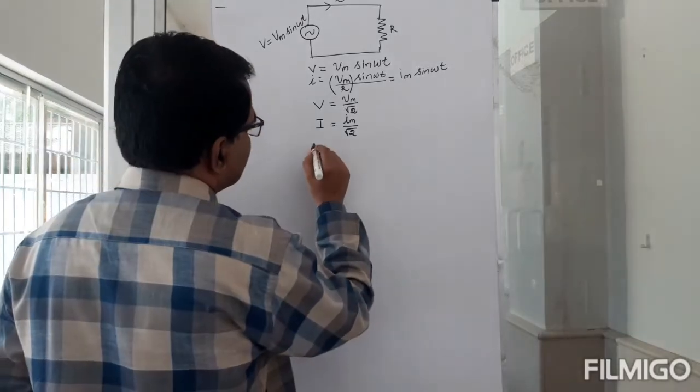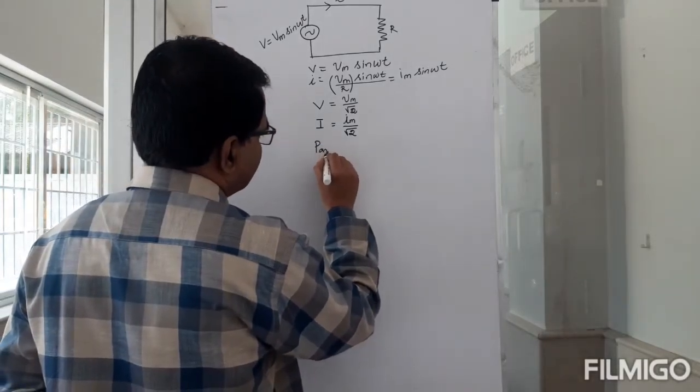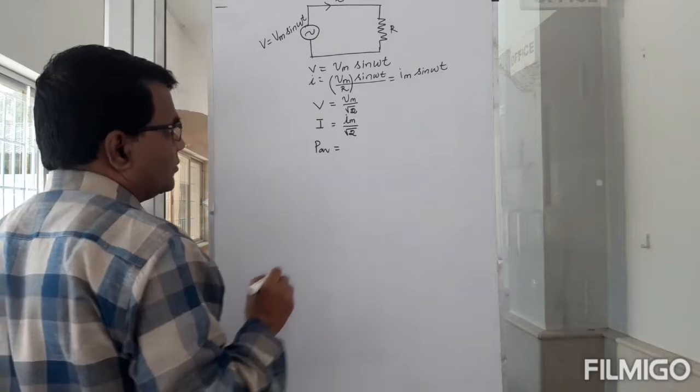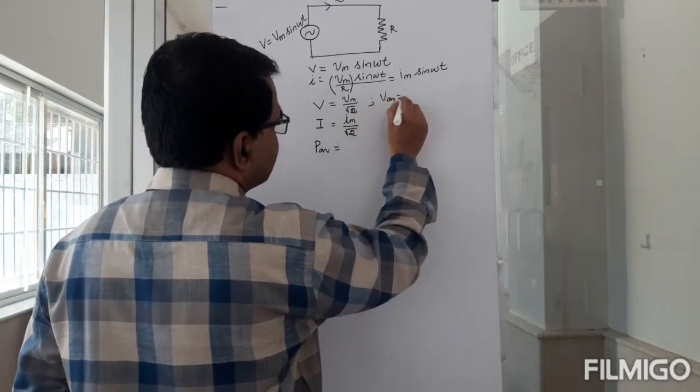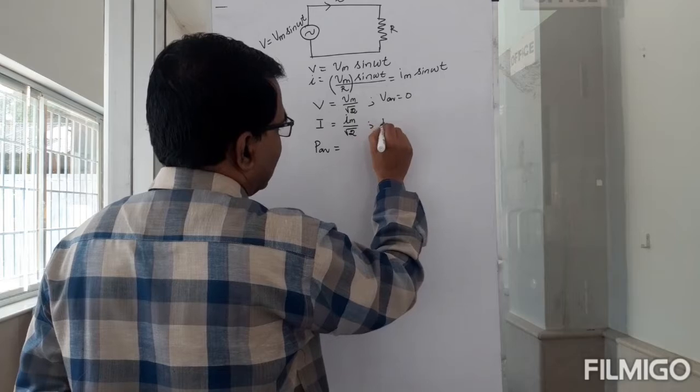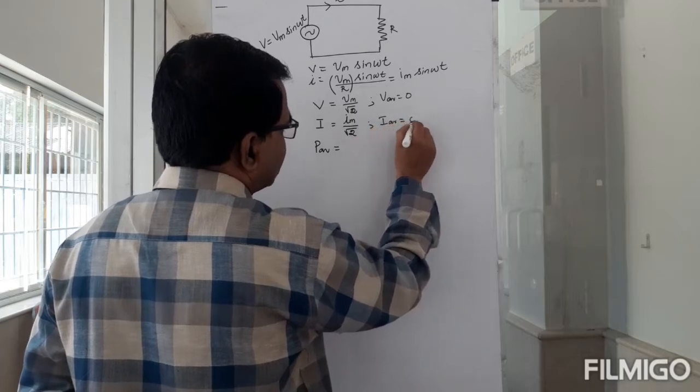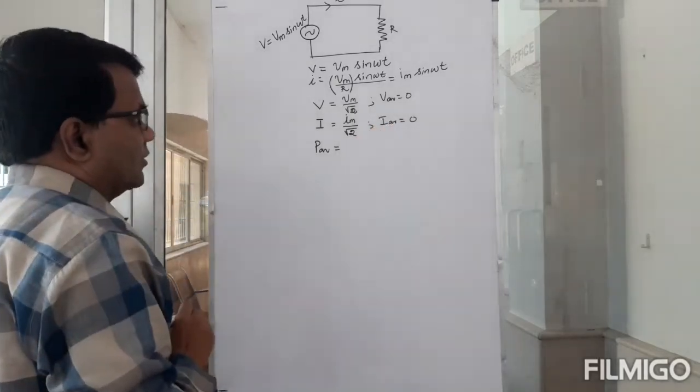But then we also said the average power is equal to, I'll also write this, V average is 0, and then I average is also 0. What is average power?